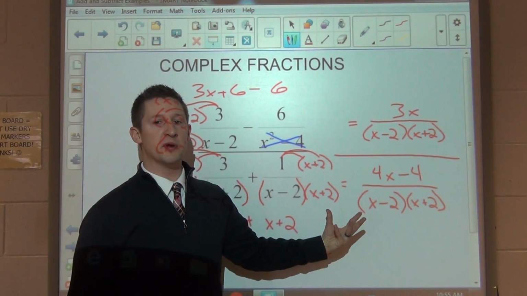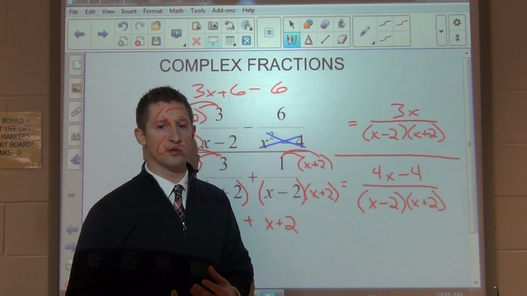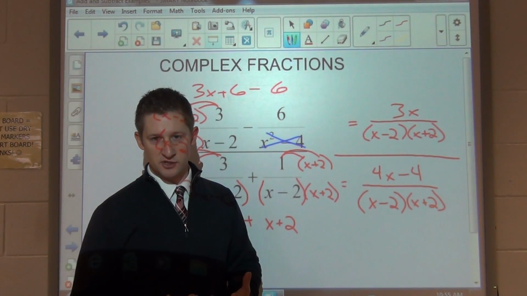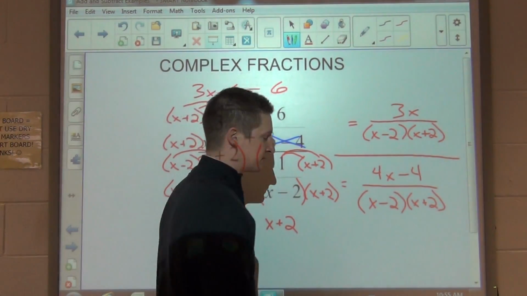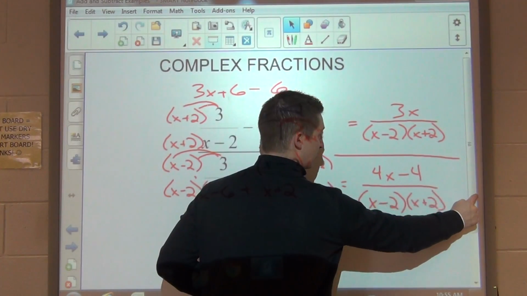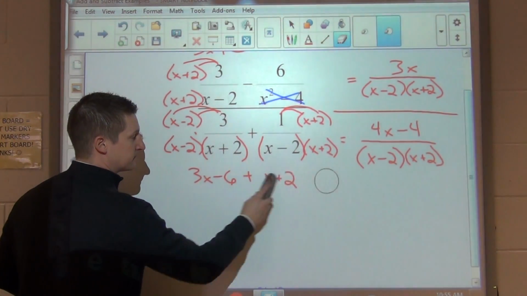And if you remember, when we divide fractions, instead of dividing by a fraction, we multiply by the reciprocal. That's going to be the next step that we take. Now it's a lot to look at, so I'm going to rewrite this so we have a little bit more space to work with.